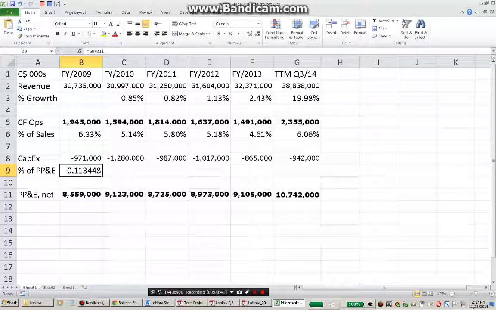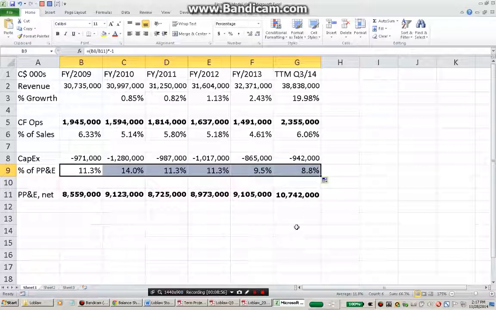That's a negative number. We're just looking for the positive. It doesn't really matter. It's a percentage. Okay, pretty steady.